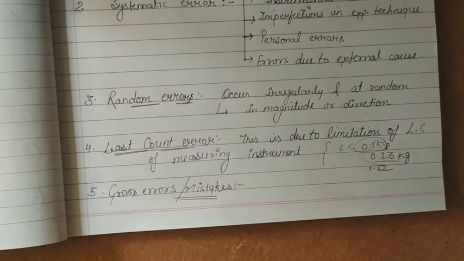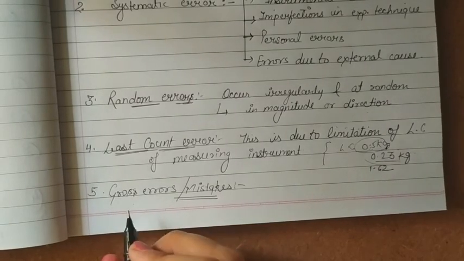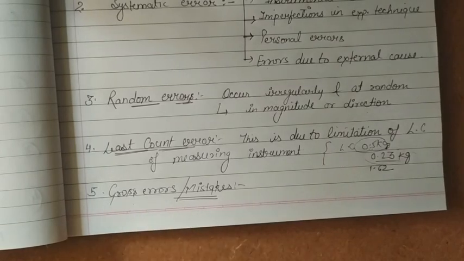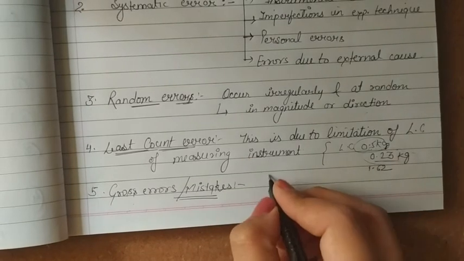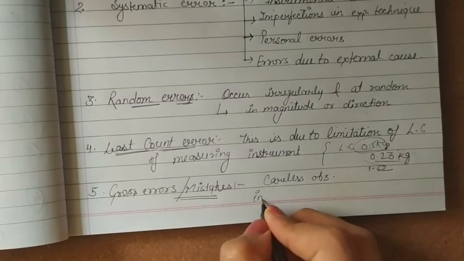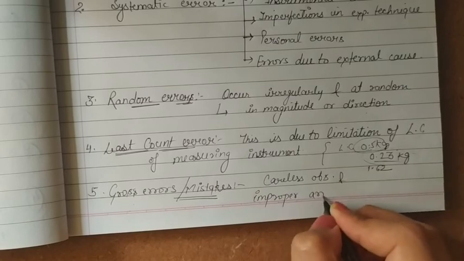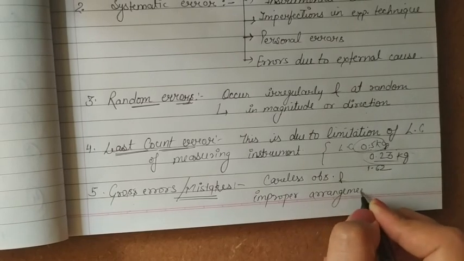These errors are due to either carelessness of the person or due to improper adjustment of the apparatus, and no corrections can be applied for such errors. Okay, so इसमें दो तरीके की categories आएंगी, या तो observer is careless or the adjustment of apparatus is not proper, means careless observation and improper arrangement of apparatus.